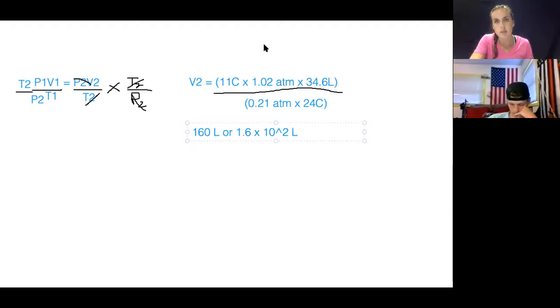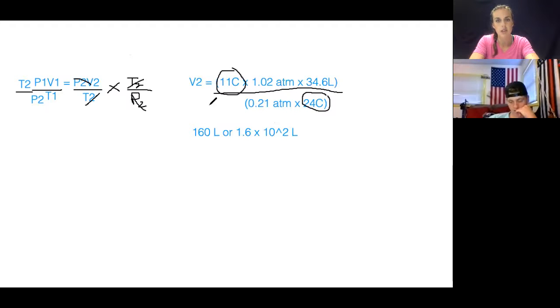Ooh, you don't get the same answer if you don't convert to Kelvin. So, oh, we do have to convert to Kelvin because we can't have a 0 on the bottom here. I forgot about that, but I'm sorry. I just told you wrong. Totally wrong.